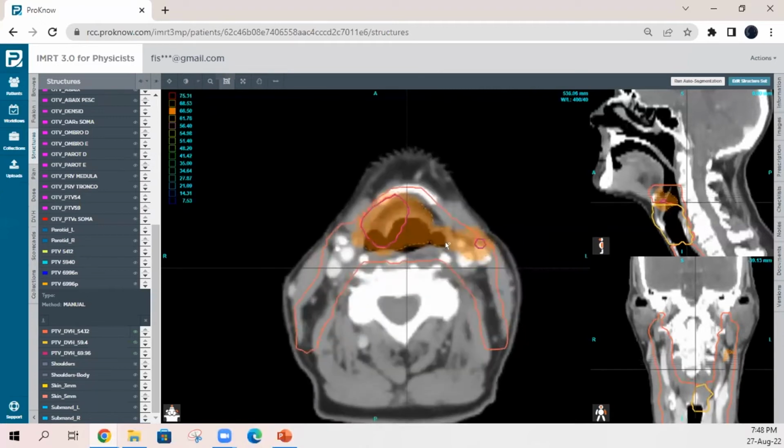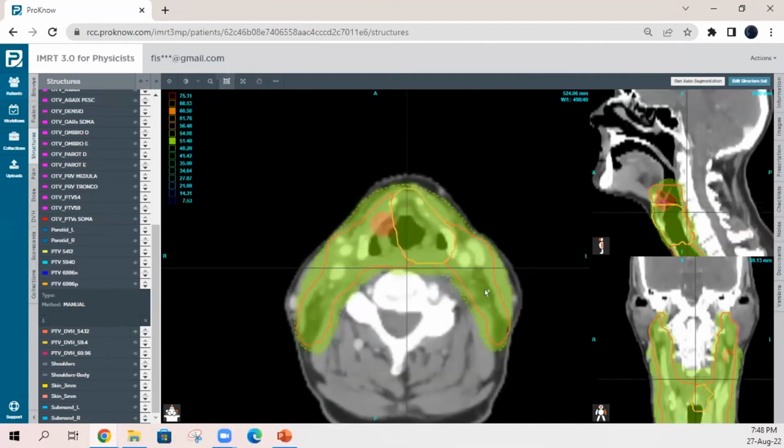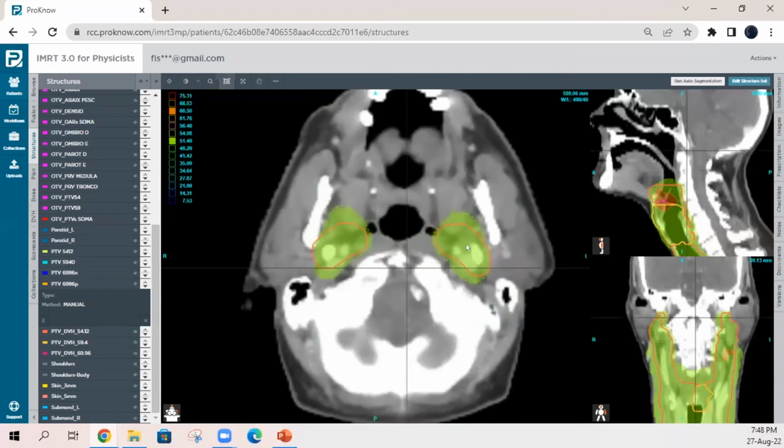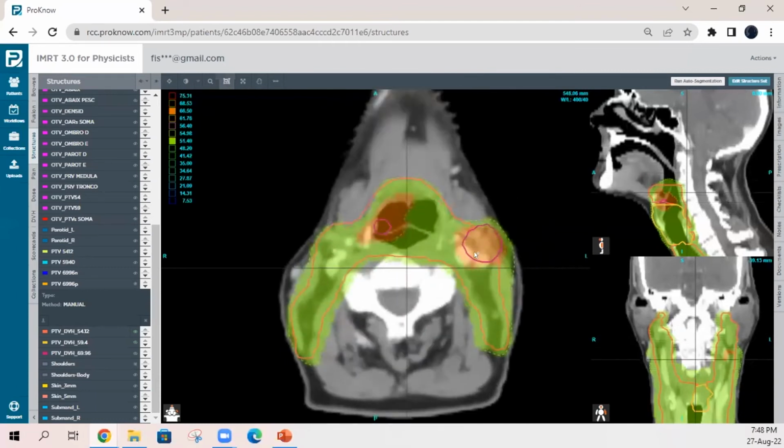And the most important thing that we concentrate on is the 95% coverage for each BTV. So if you come here and we are looking for the 51.4 gray, which is this one, this is the 95% coverage of the 54.12, which is very nice. You can see he's covering the BTV in an excellent way without any issues.